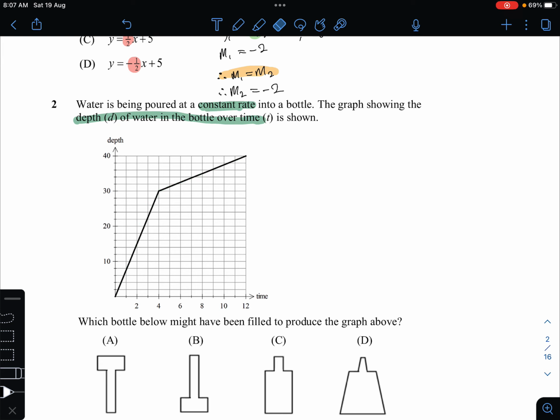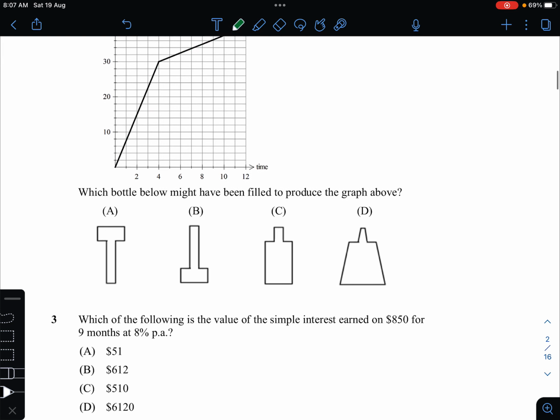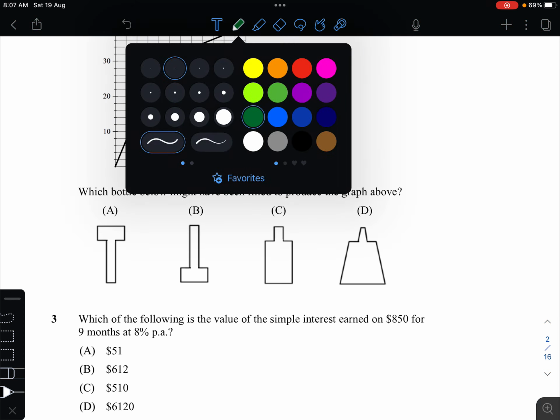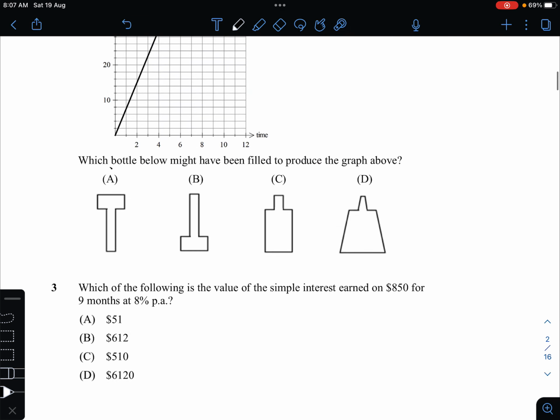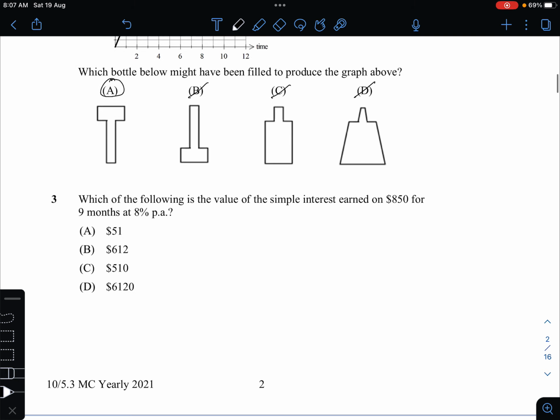So looking at all of our options, we have A, which suits what we're trying to do, so we'll just put a dot above it now. B goes thick to thin rather than thin to thick, and therefore it can't be that. C, thick to thin. D, thick to thin, and therefore it must be A, because it's the only one that supports what we're trying to do.